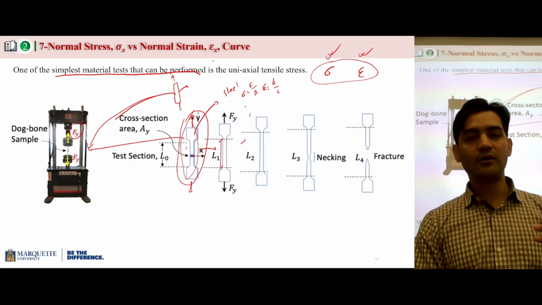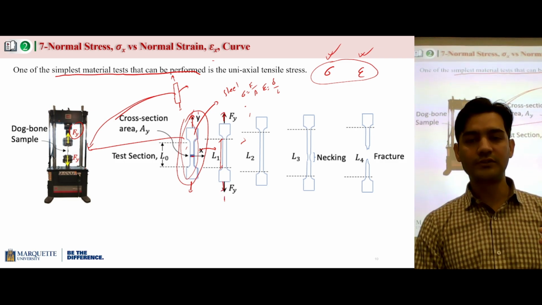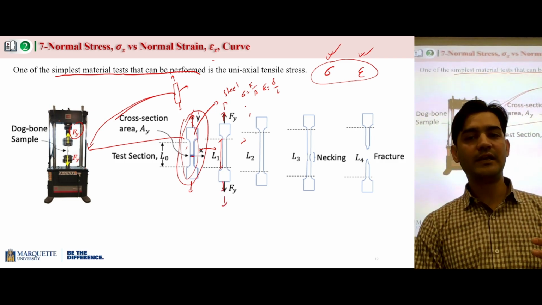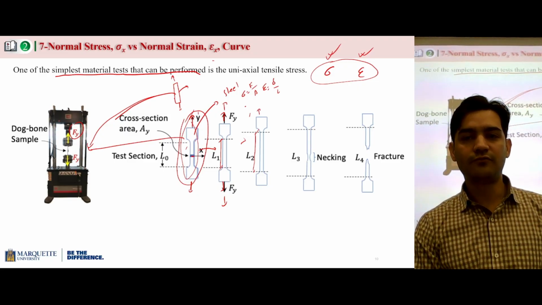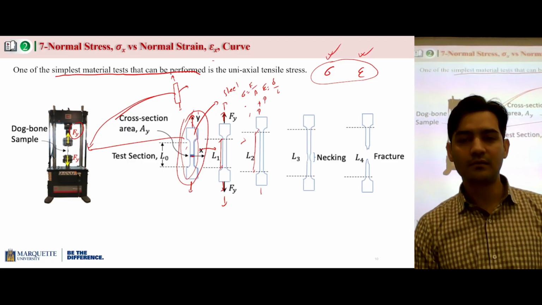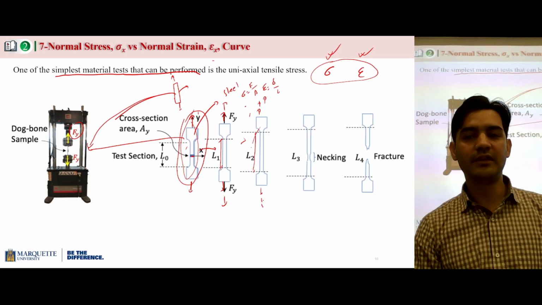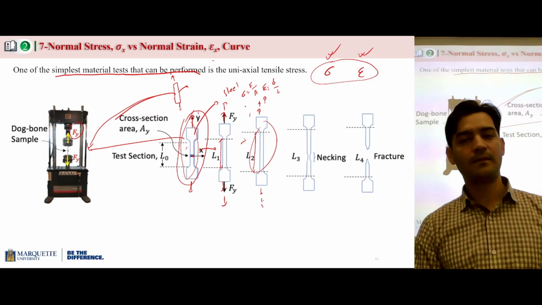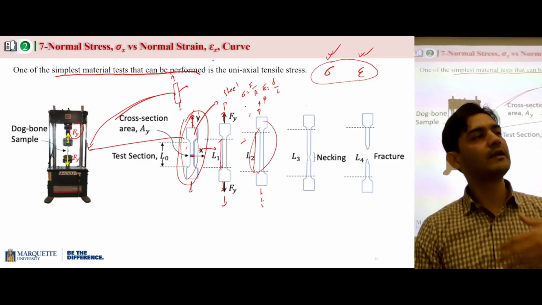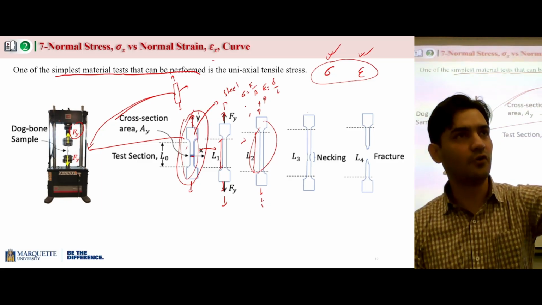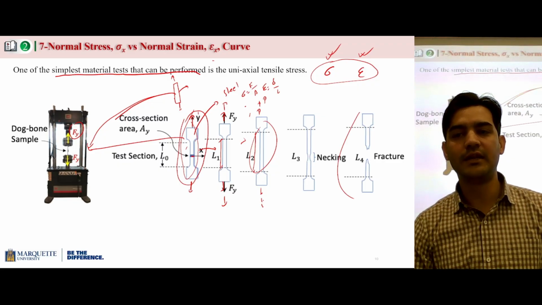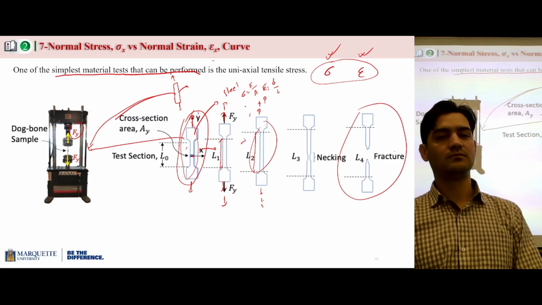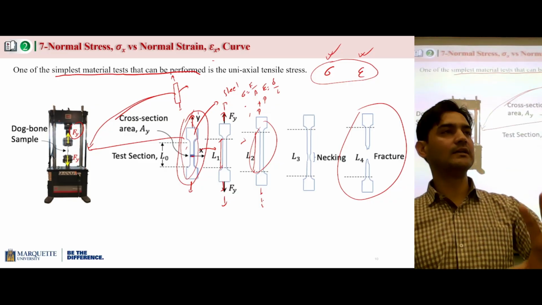So we're going to keep on increasing the force intensity and the material will keep on stretching. So the more force we will apply, the more this material will expand. And if we keep on increasing the force, ultimately what will happen is that the material will break. So that's what this test does.